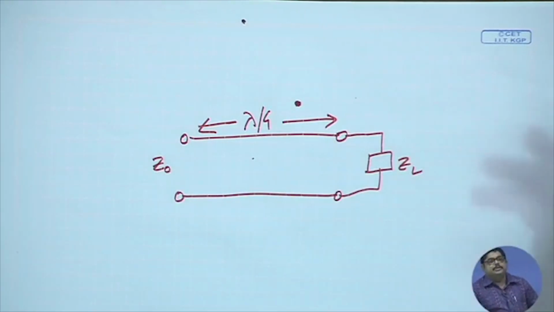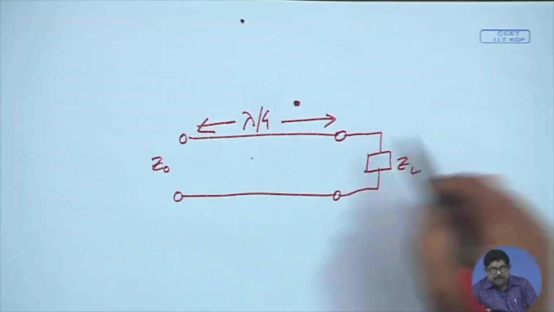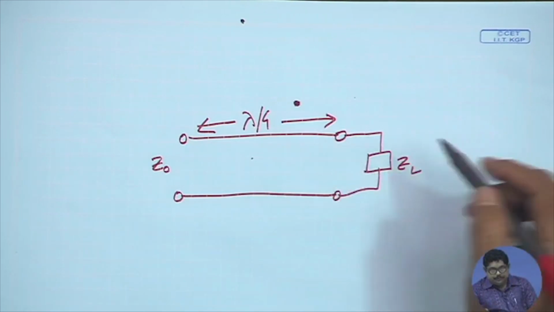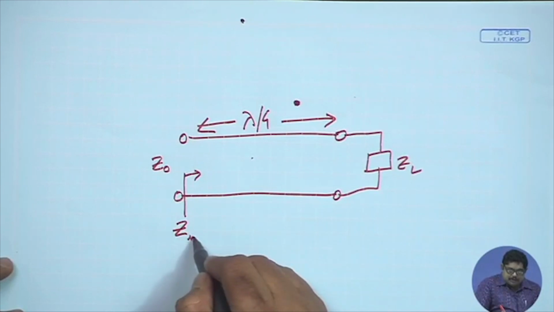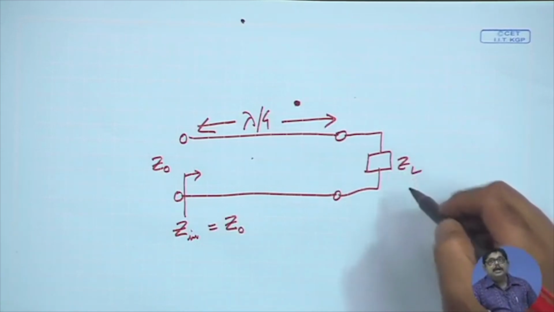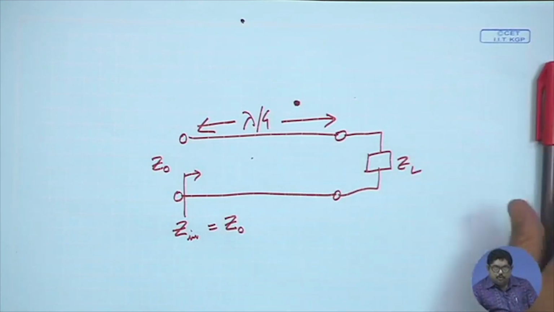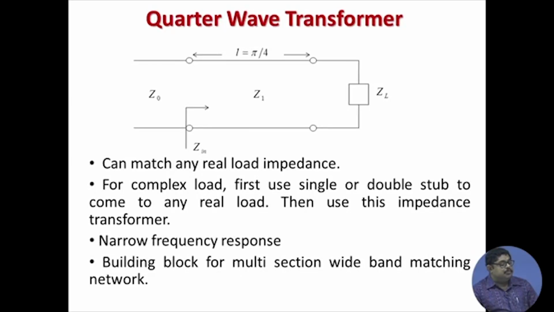Usually characteristic impedances of transmission lines are real quantities. From this side we will see an input impedance of Z naught only for real ZL, but if our ZL is not real, we can place a stub matching device, single or double stub, whatever you prefer, to come to a real load and then this impedance transformer can be used.